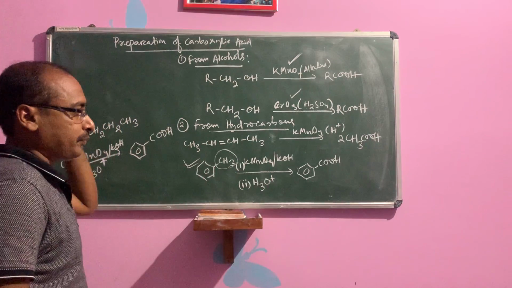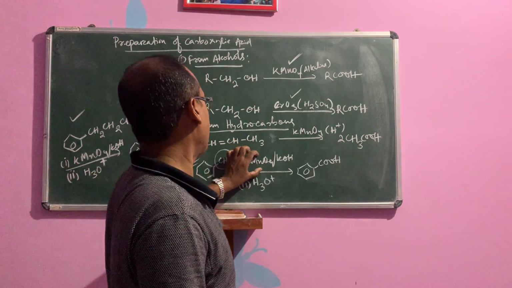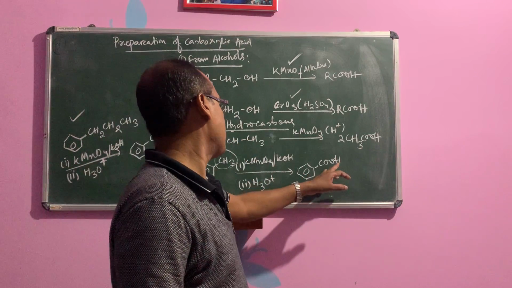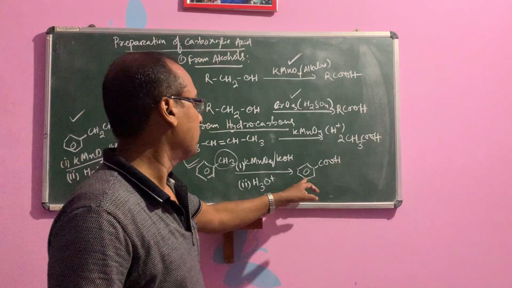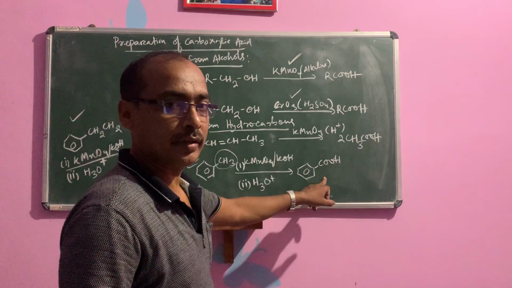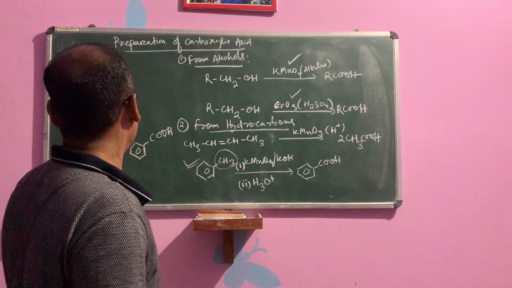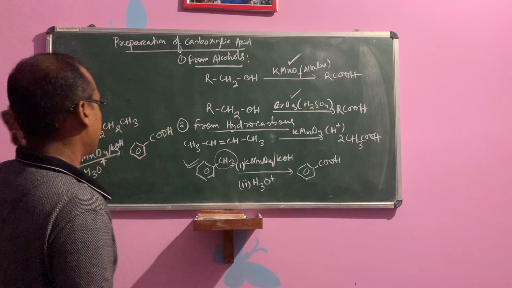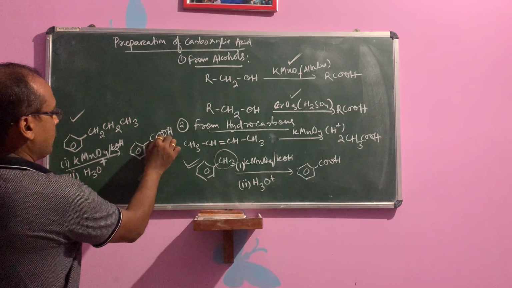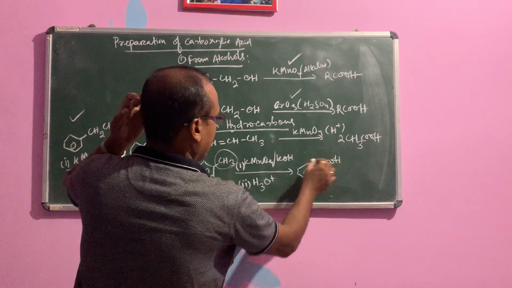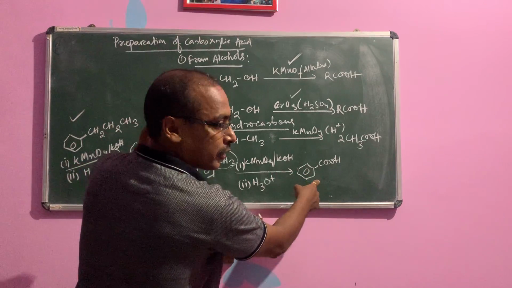First, toluene treated with KMnO4 forms potassium benzoate, then hydrolysis forms benzoic acid. Similarly here also, first COOK, then by hydrolysis benzoic acid.